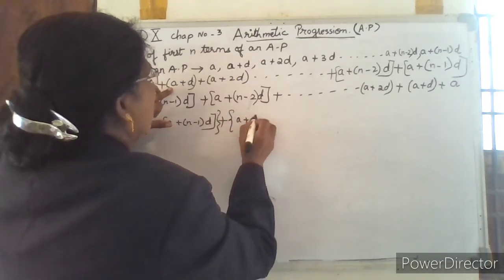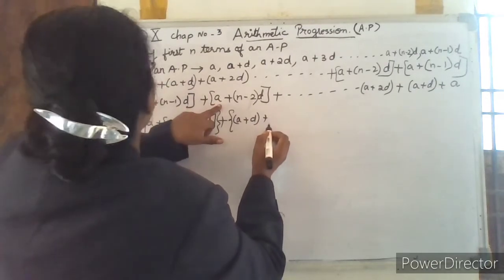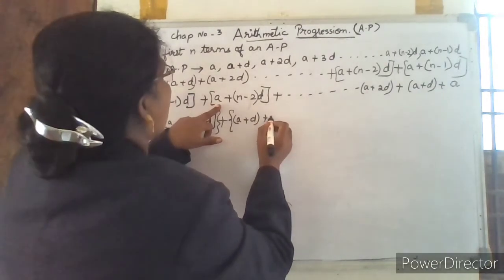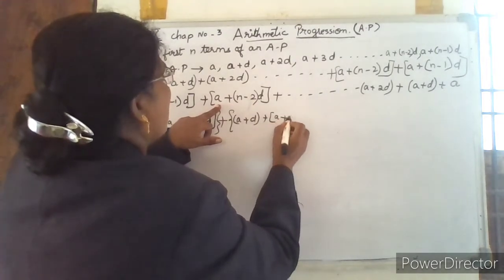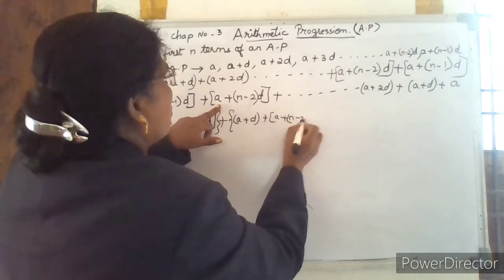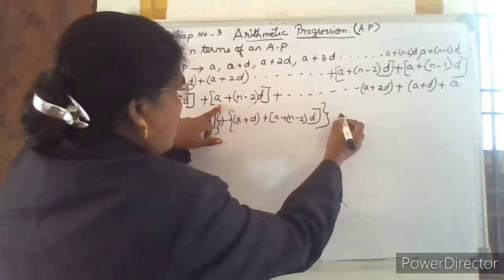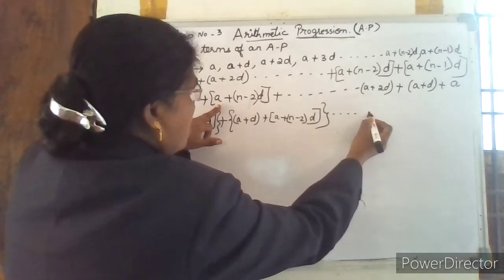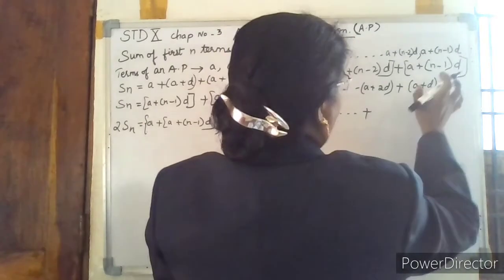Plus, here the second last term is a plus n minus 2 in the bracket into d. So we have got it like this way. Similarly here also we'll have this one, this and this and this.